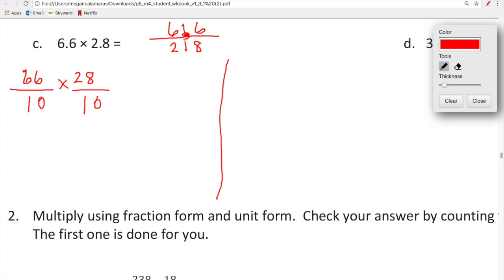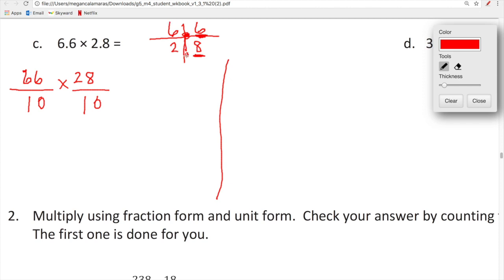We can rename it as 28 tenths and 66 tenths because wherever our final digit is, that is the lucky place value that can name the entire number. So 6, 6. The 6 is our last digit here, so this place value, you guys know, is tenths. So tenths gets the lucky privilege of naming the whole number.